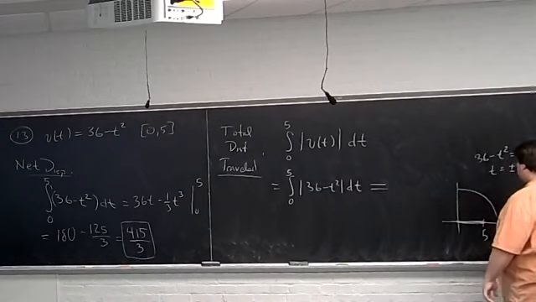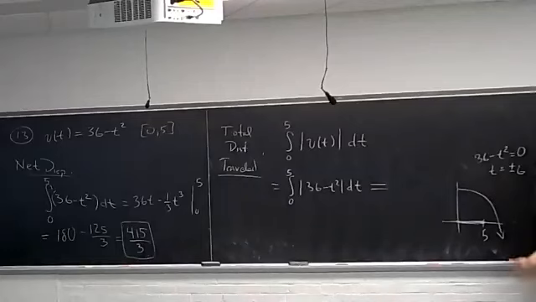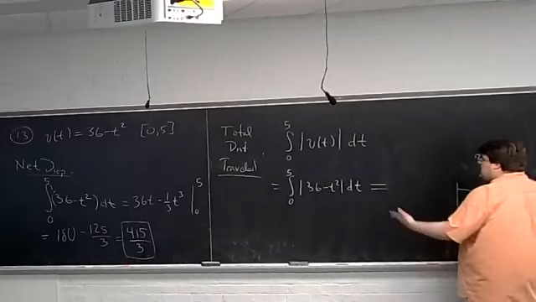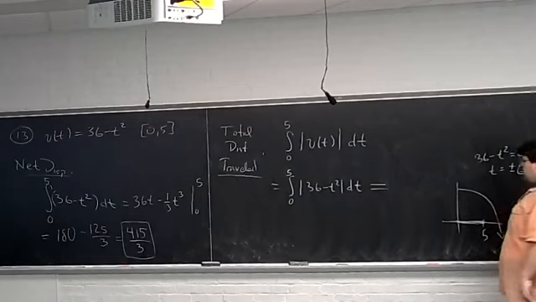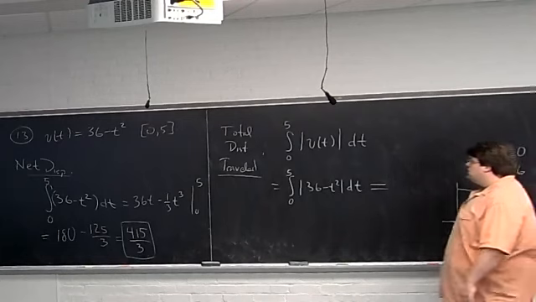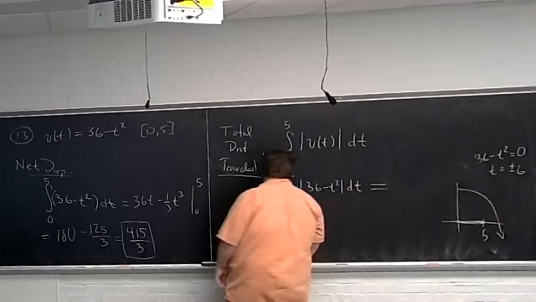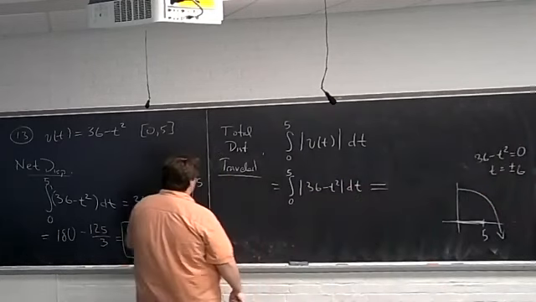Which means that this absolute value is not going to split into 2 pieces on this interval. We didn't even necessarily have to do this if you wanted to graph it using a graph transformation, kind of like I did here. But this intersects the t-axis off of that interval.